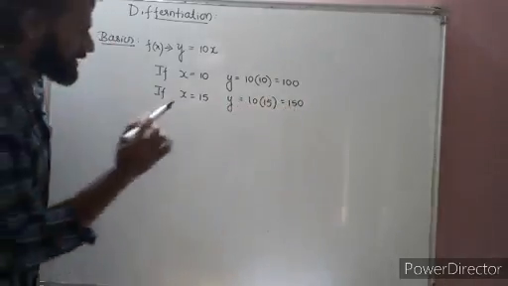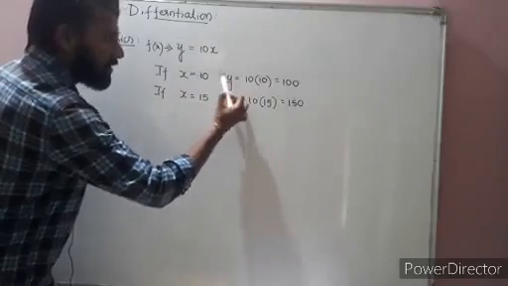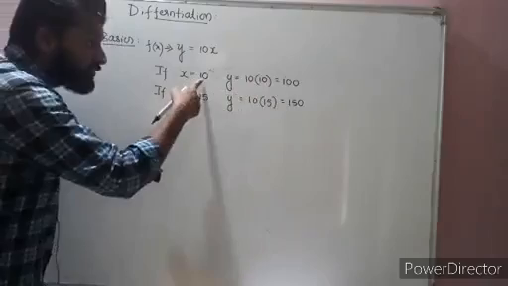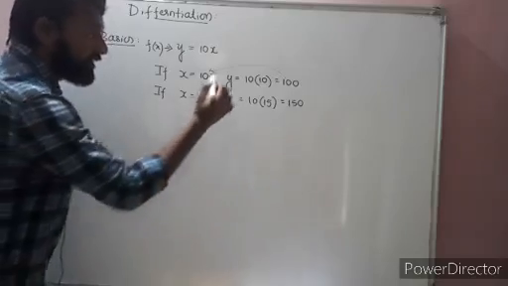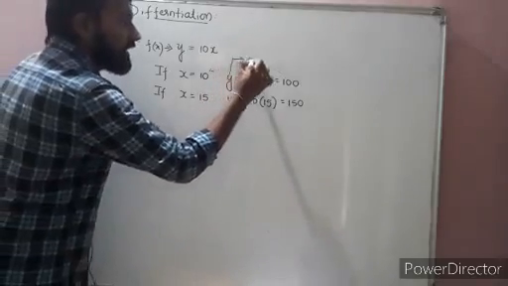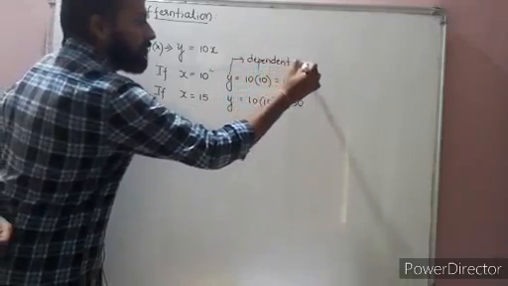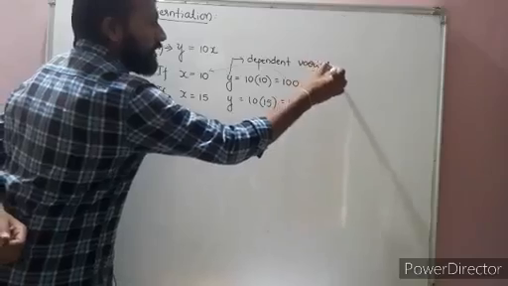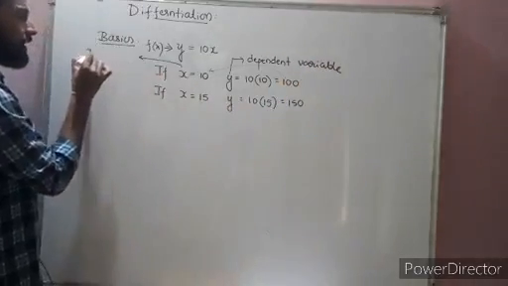So now we can easily see that the value of y is dependent on x. I am choosing the value for x, and hence I am getting the value for y. So generally y is called the dependent variable, whereas x is called the independent variable.